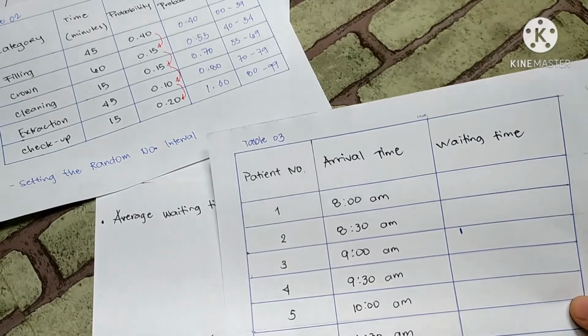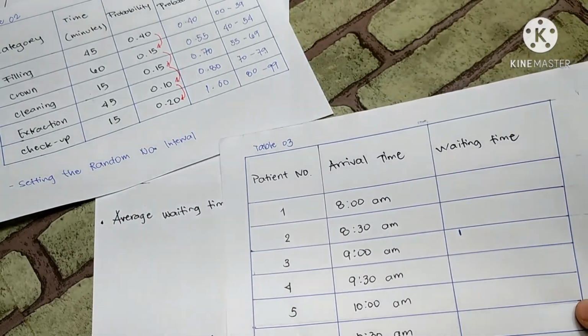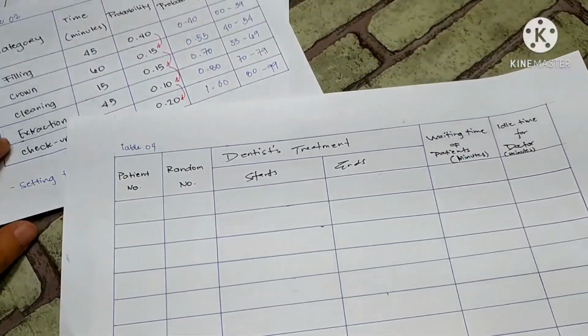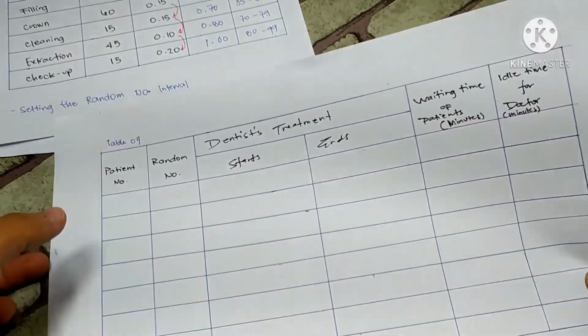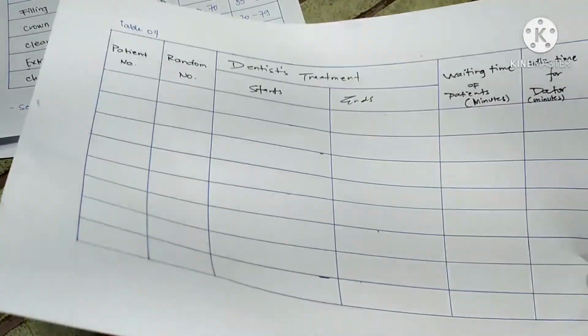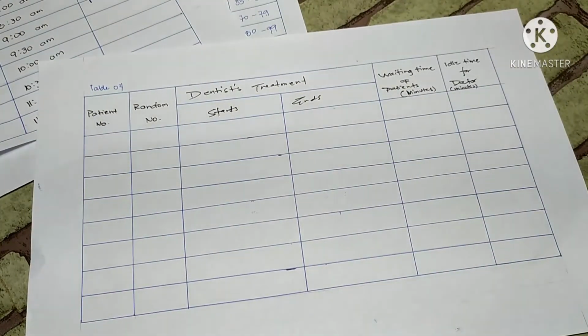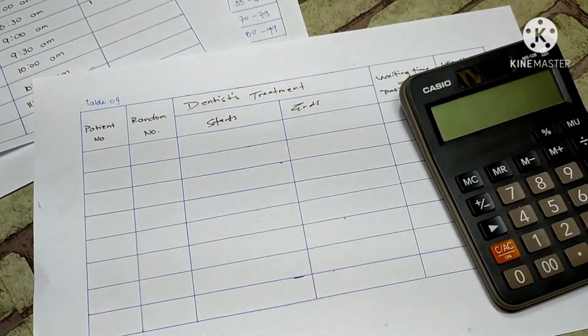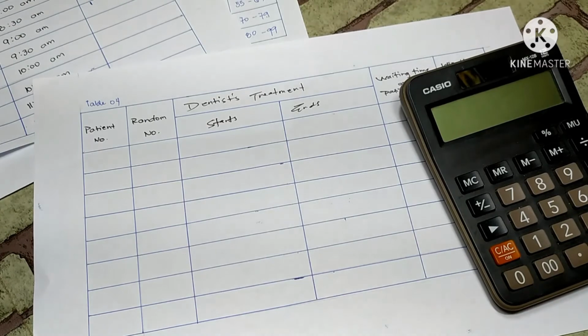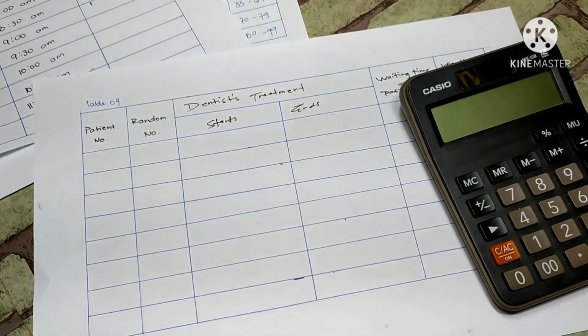Number 4, para makompute natin yung waiting time per patient. Para makuha natin kung ilang patient yung darating para sa araw na yun. Given kasi na 4 hours daw, then may 30-minute appointment.